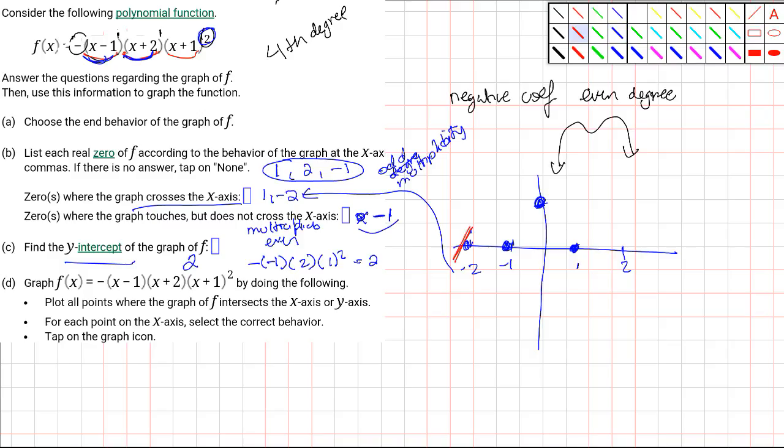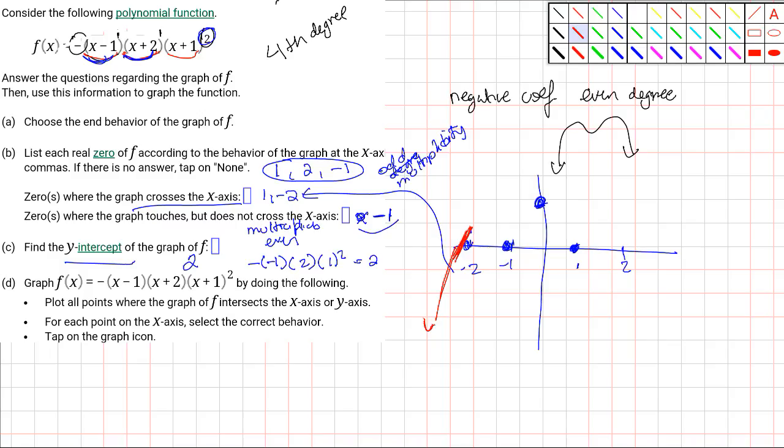It must be looking like that, because it has to come like this. So what happens at negative 2? It's the outer point, where the function has to fall to the left.